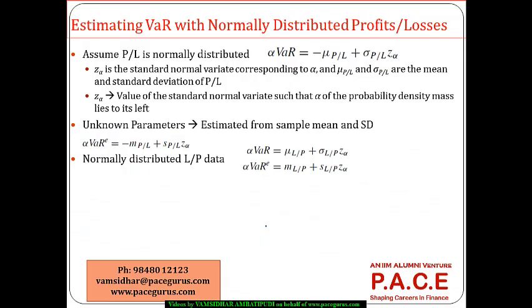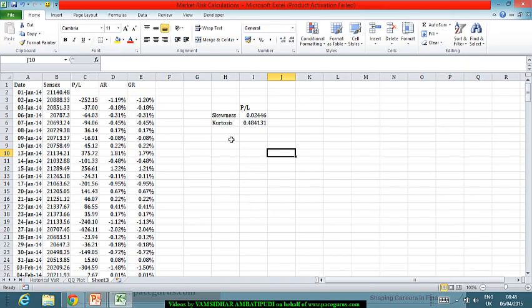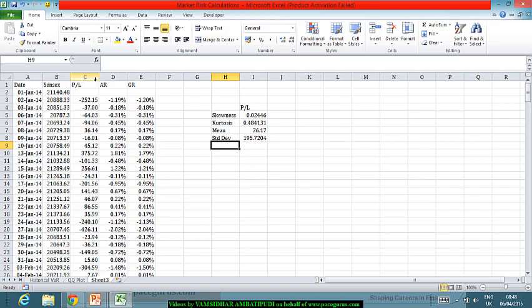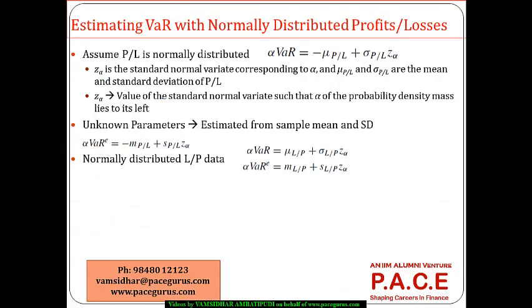So let me make an assumption that it is normal. If that's the case, I will also rely on the mean as well as the standard deviation. The mean is around 26.17 and the standard deviation is somewhere around 195.72. So these are the numbers.